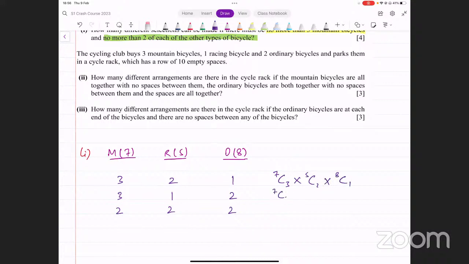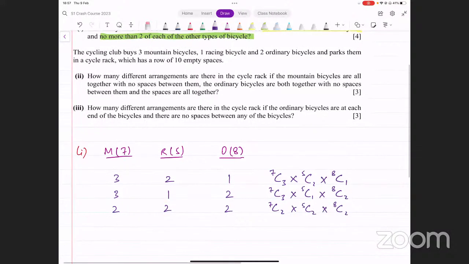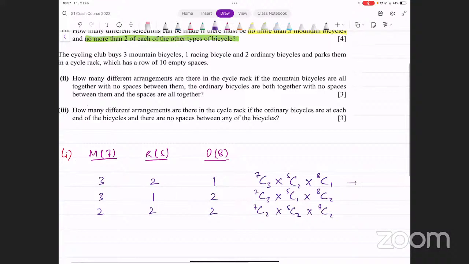We get 7C3 into 5C2 into 8C1 for the first case, 7C3 into 5C1 into 8C2 for the second case, and then we have 7C2 into 5C2 into 8C2 for the last case. We evaluate each of these cases and then we add them together and see what that turns out to be. Now, let me just try this quickly.